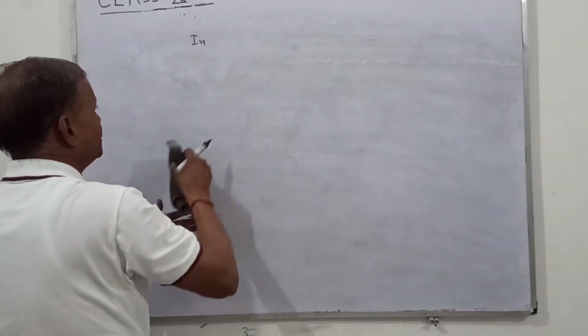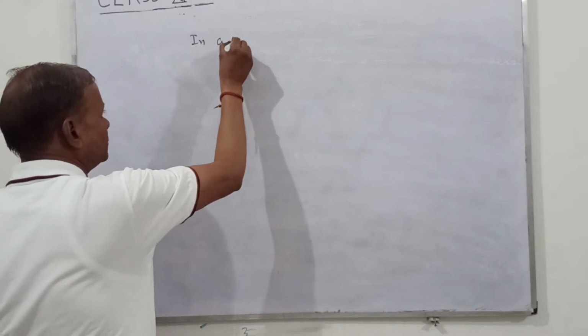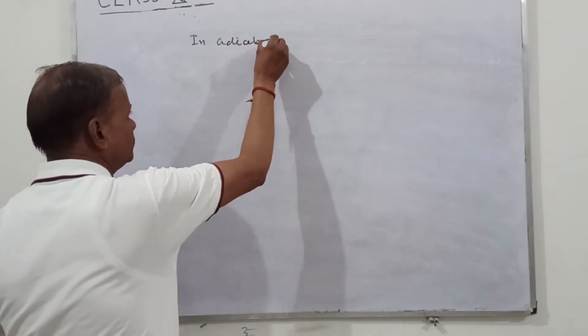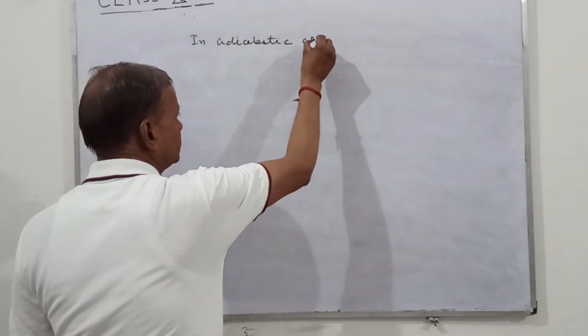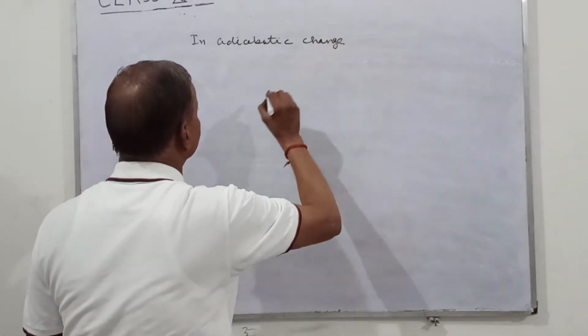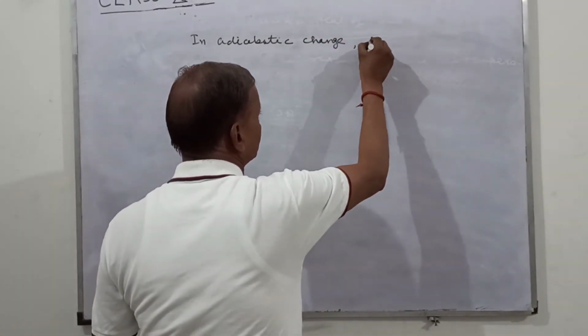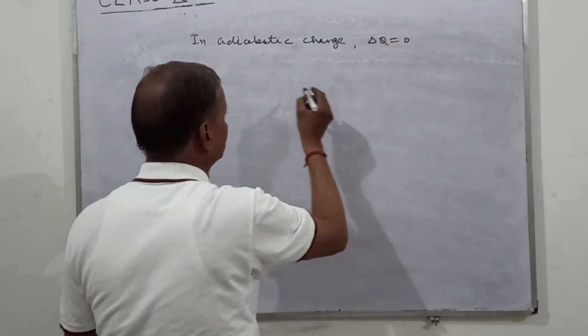In adiabatic change, delta Q equal to 0.